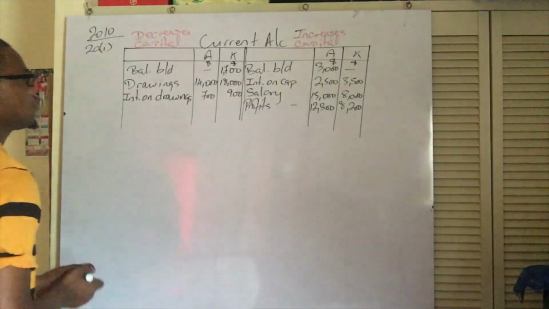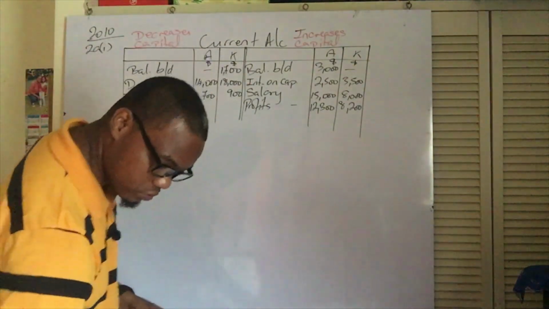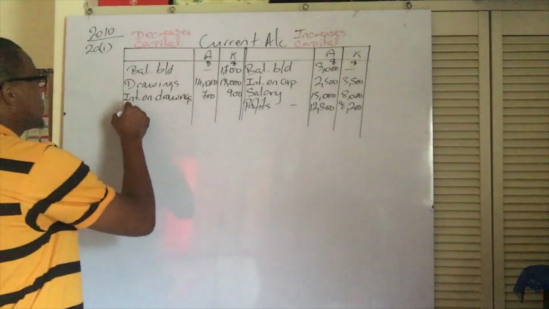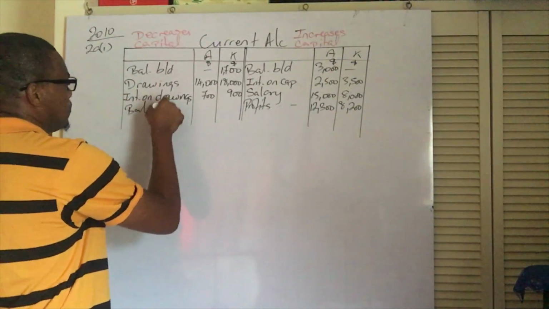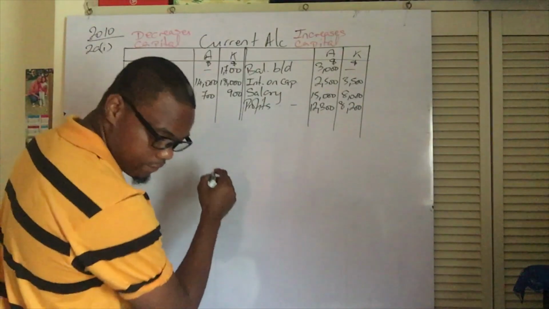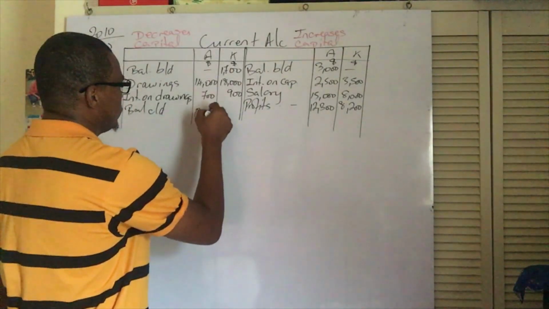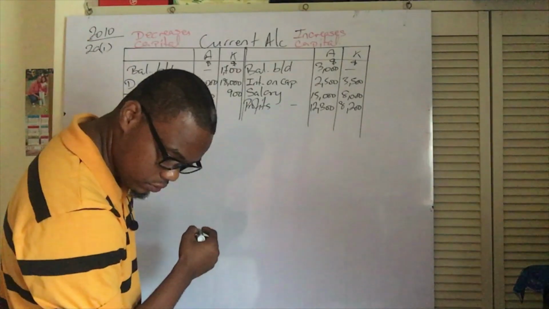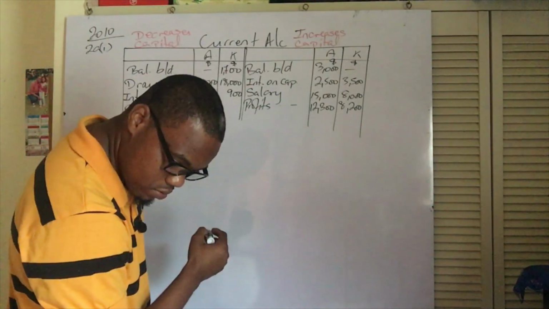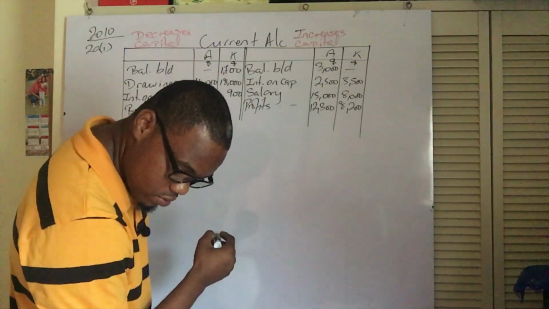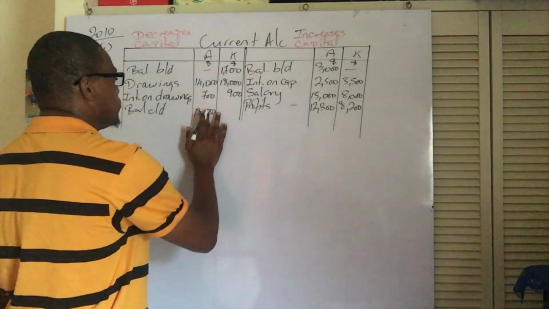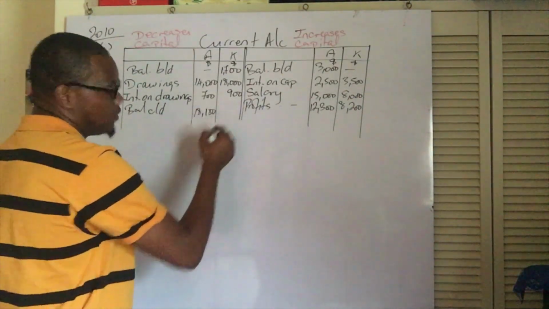All right. So we want to balance off this account now. We can balance this off quickly. We don't think we need to take up time balancing it off. So balance carried down, 18,100, right?